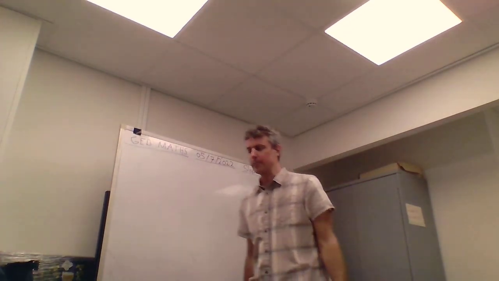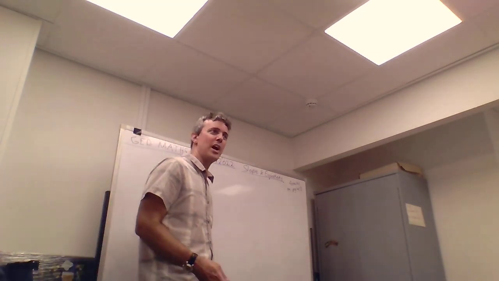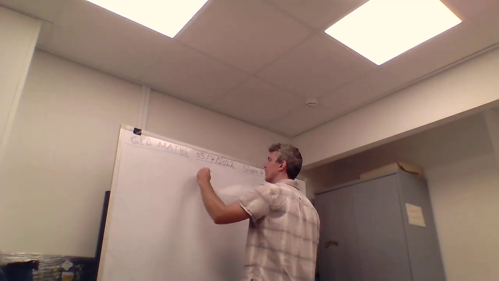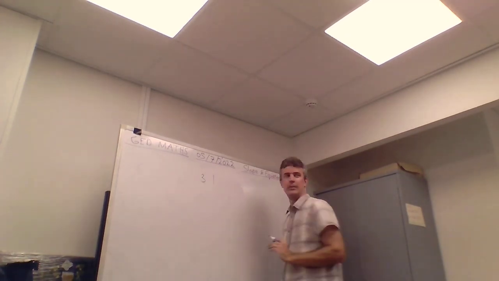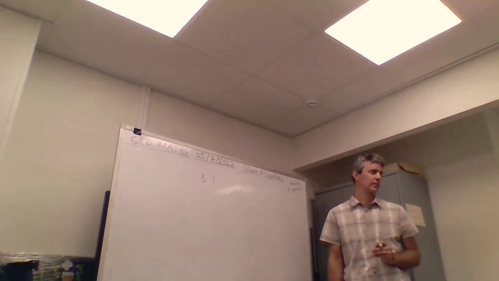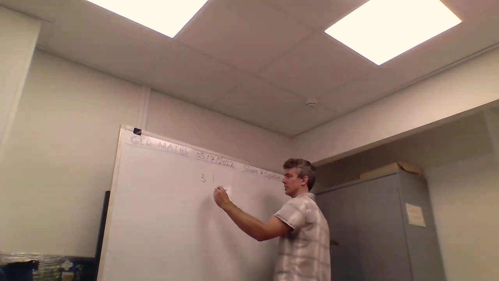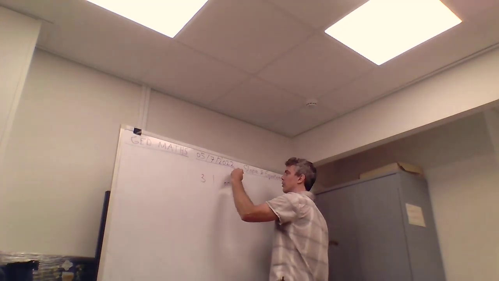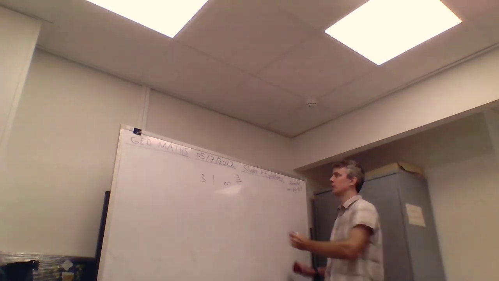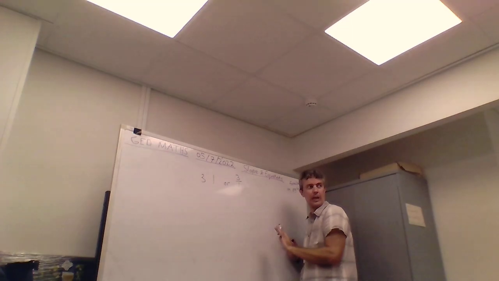Do you remember way back in the beginning of the class when we did ratios? A ratio is like 3 to 1, right? And what's another way that we could write a ratio? 3 over 1. We could write it as a fraction. So if we have something like this, it's a relationship of one thing to another.